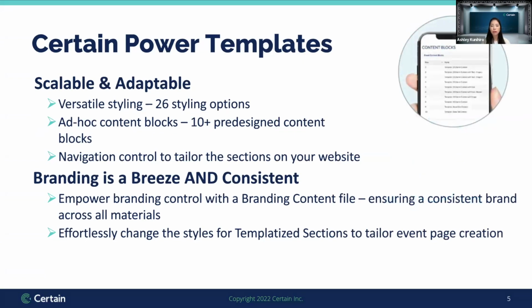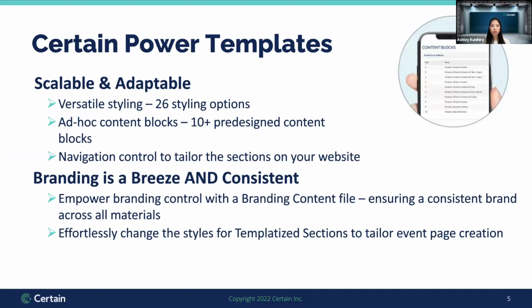These templates are extremely scalable and adaptable. When we built this, we also created multiple styling options so that you can pick and choose based on what your needs are for each event, so that each event can have its own unique styling. We mentioned that we do have those 10 pre-designed content blocks, again, to help you be scalable in changing how you are presenting your information for your event.